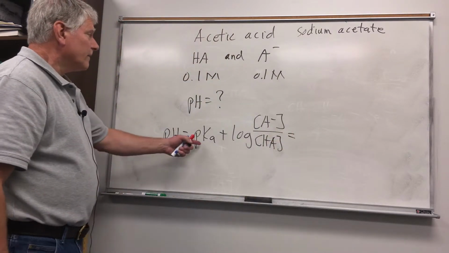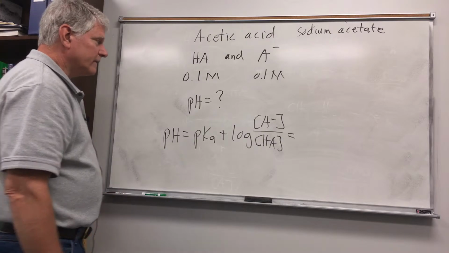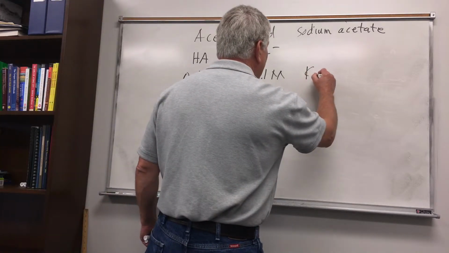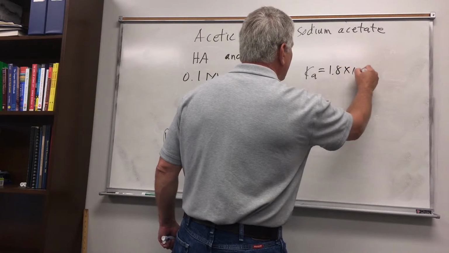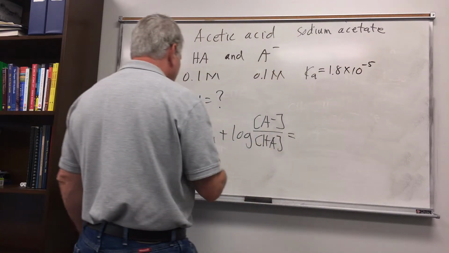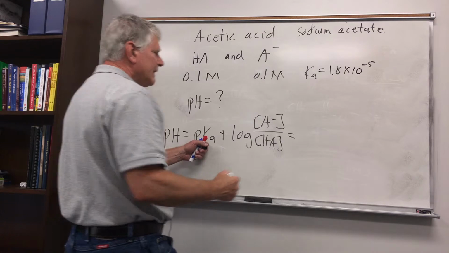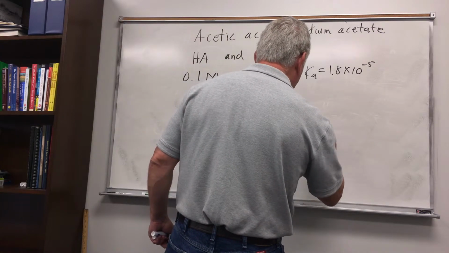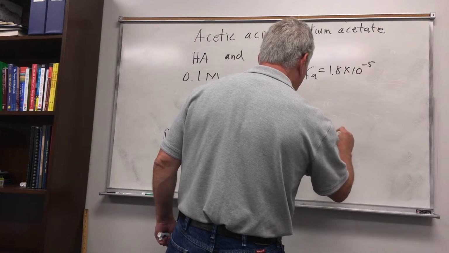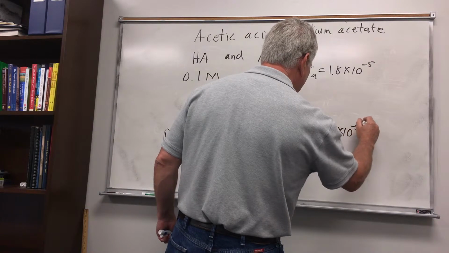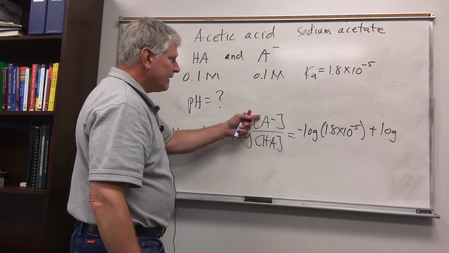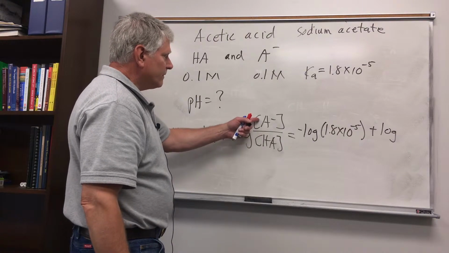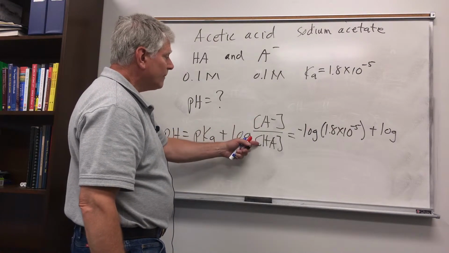Okay, so we'll look up the Ka for acetic acid, and Ka is equal to 1.8 times 10 to the minus fifth. So the pH is going to be pKa, which is negative log of Ka, plus the log of this ratio. Now this ratio is 0.1 divided by 0.1.